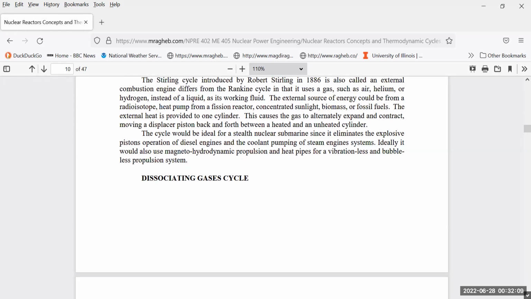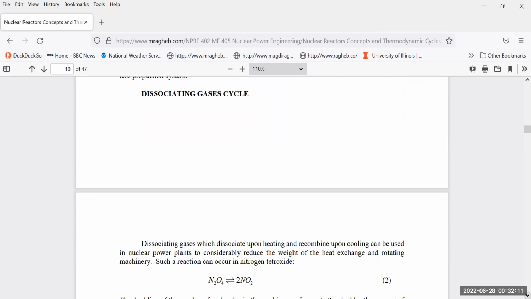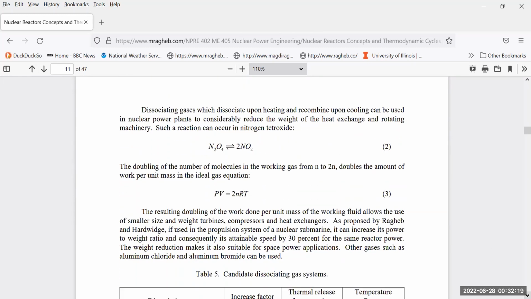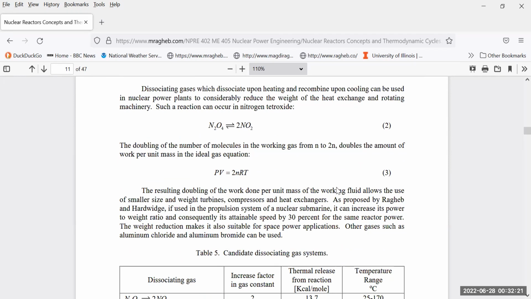Other interesting cycles that have been studied, I had one of that is a dissociating gases cycle. And I'll show you the promise of it. It was used by one of my students for an engine for a naval reactor. And in that case, I'll show you the advantage. It has also advantage in space applications. I'll describe to you why that is so.